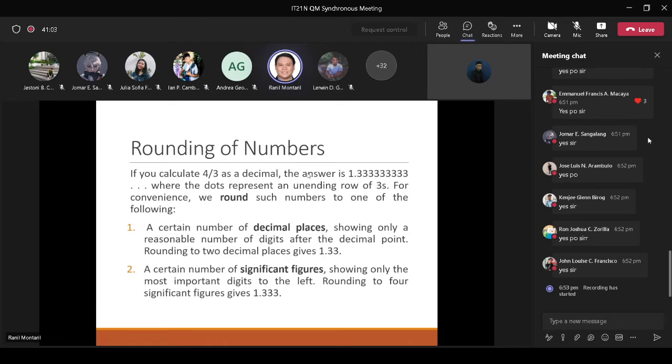It could be two decimal places, and it could also be significant figures, but it is not bounded on significant figures alone. Okay? So here we're going to review that.